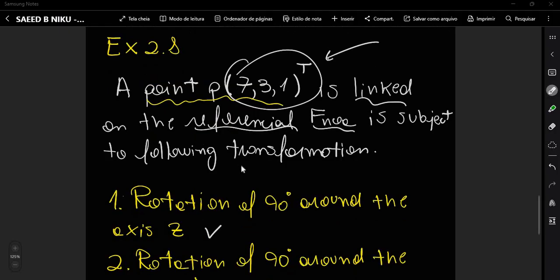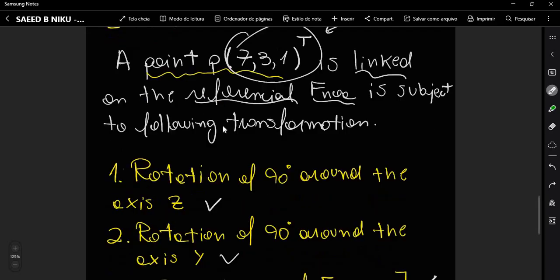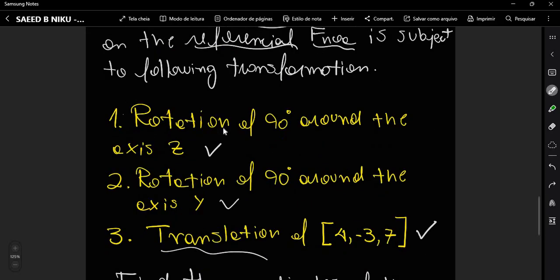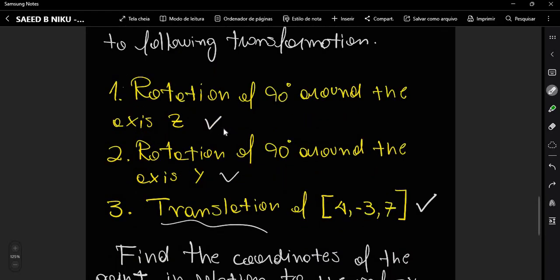This example gives us a point, represented with this notation, and it says that this point is linked on the referential F and OA, and this point will pass through these combined transformations.